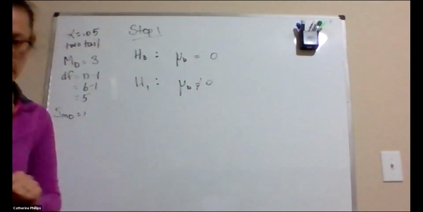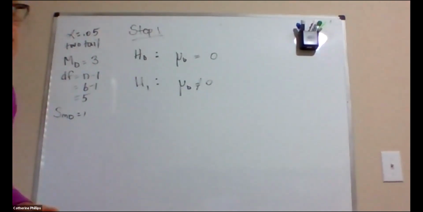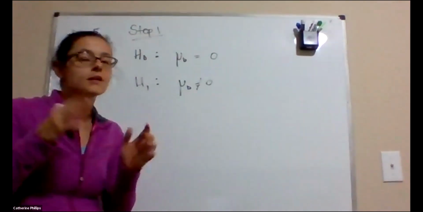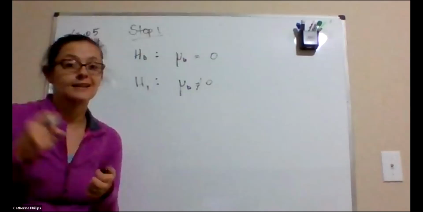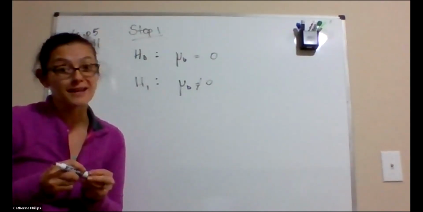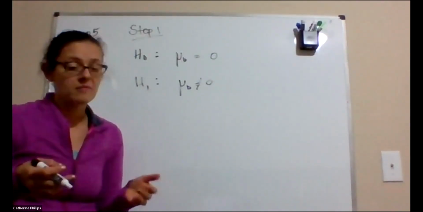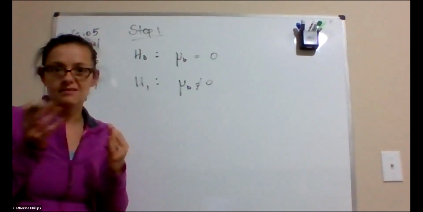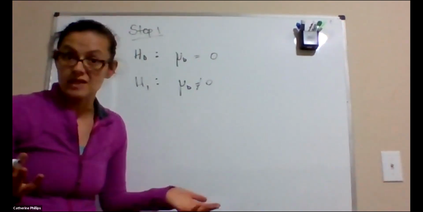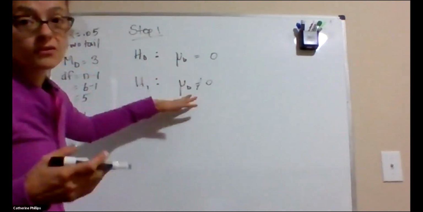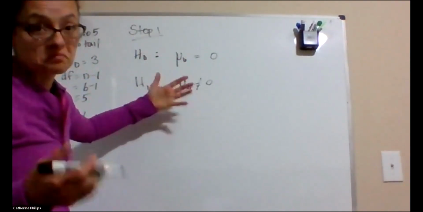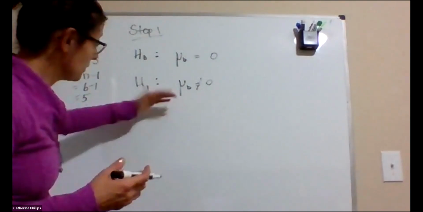What we're looking at here is if the treatment has no effect, then before and after are the same. And if they are the same, then you subtract one from the other and it should be 0. That's our null. If they're not 0 on average, that would be our alternative.